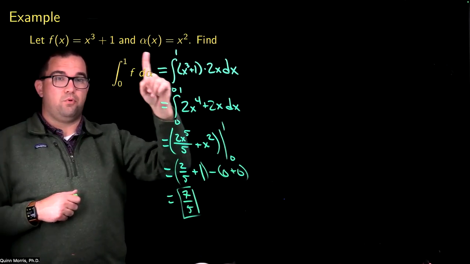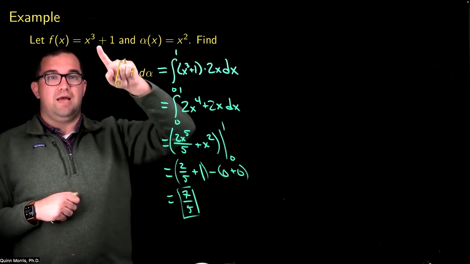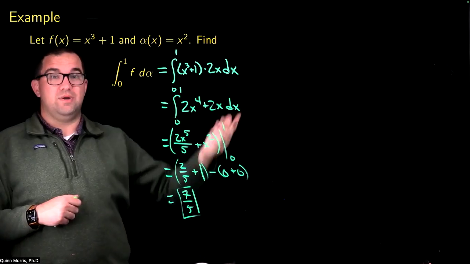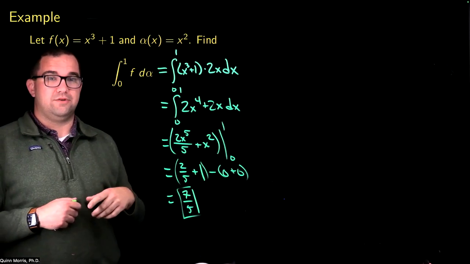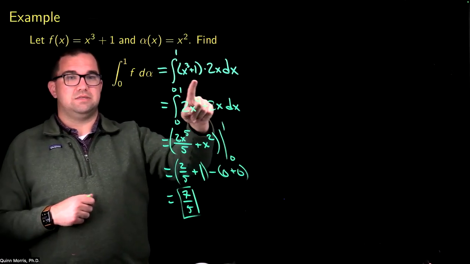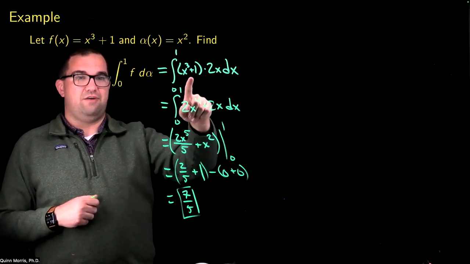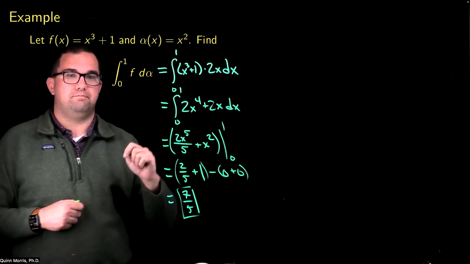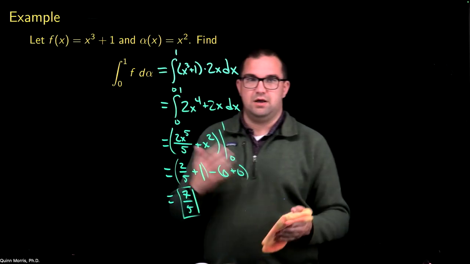Its derivative alpha prime is 2x, which is continuous, so I know it's Riemann integrable. f of x is again continuous, so I know it's Riemann integrable. So f and alpha prime are both Riemann integrable, and therefore I can compute this as the Riemann integral from 0 to 1 of f times alpha prime. So again, very handy if I want to calculate these things by hand.